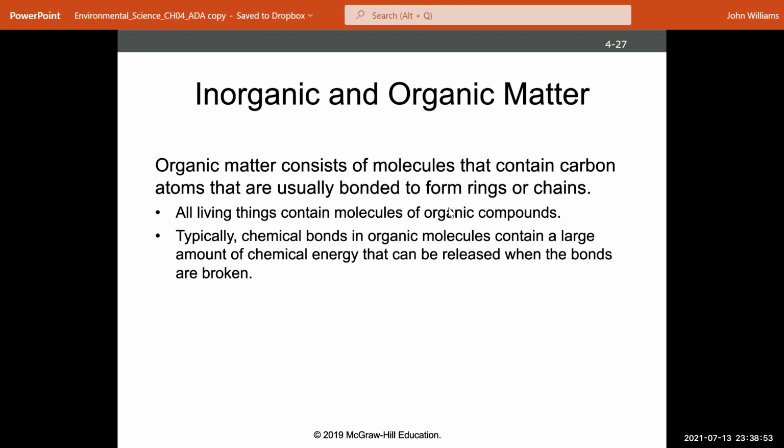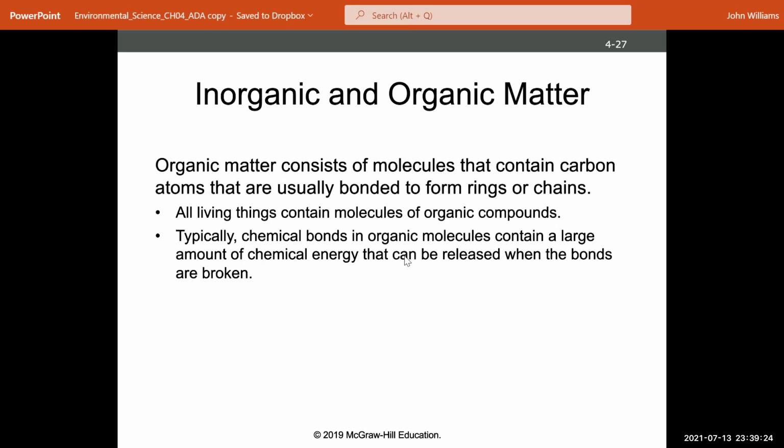And all living things contain these organic compounds. There's 4 major organic compounds that living organisms can have. Humans have these 4 organic compounds, and that's carbohydrates, lipids or fats, nucleic acids, and proteins. So those are the big 4 categories of organic matter.